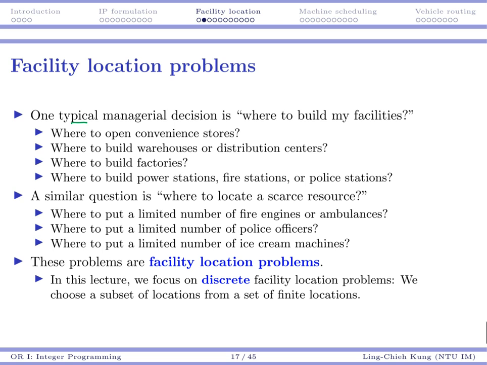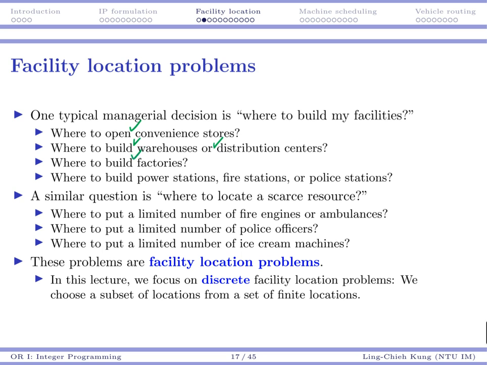One very typical managerial decision is to build facilities, and you need to decide where to build your facilities and how many facilities to build. If you are opening convenience stores or restaurants, you need to decide where to open them. If you want to build warehouses or distribution centers, again, you need to choose locations.